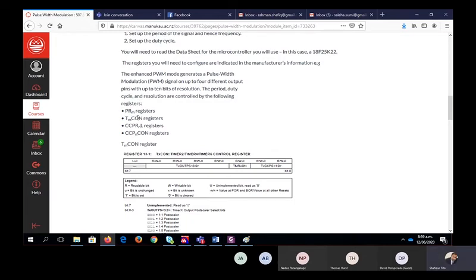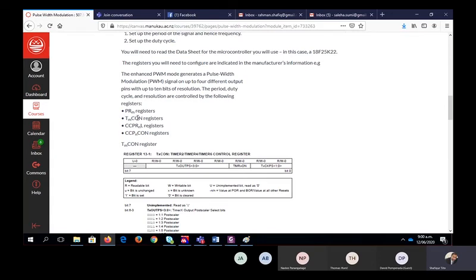That means I cannot use one period register, say PR1, and timer register T2, because they are related. So you need to use the same PRM and TMCON register, with the same timer.